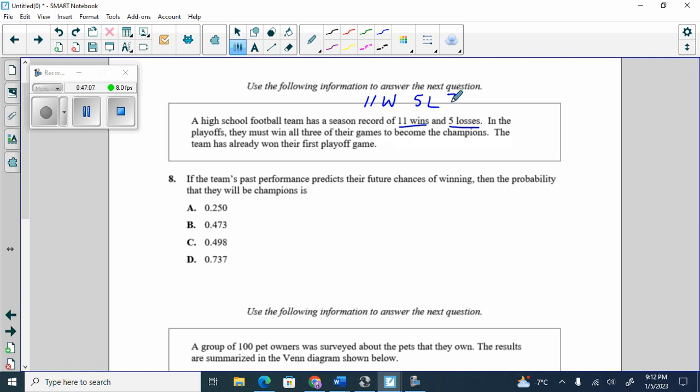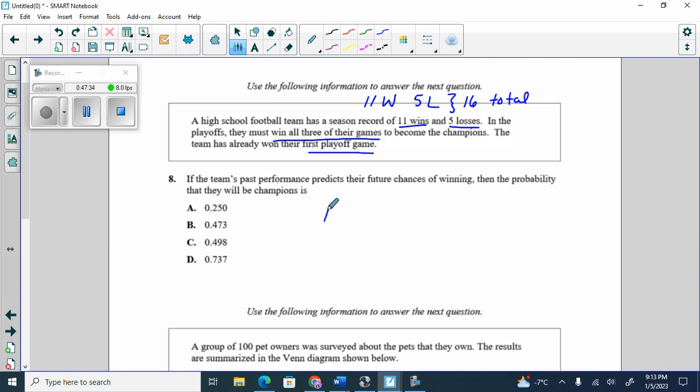So they played 16 total. They must win all 3 of their games to become champions. The team has already won their first playoff game.